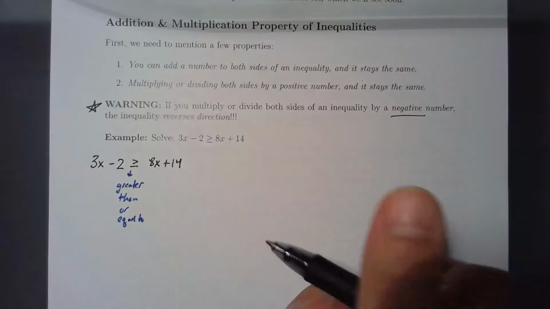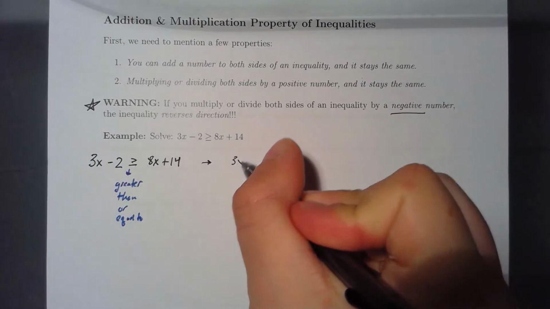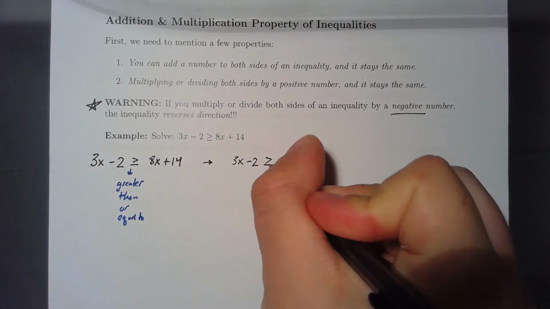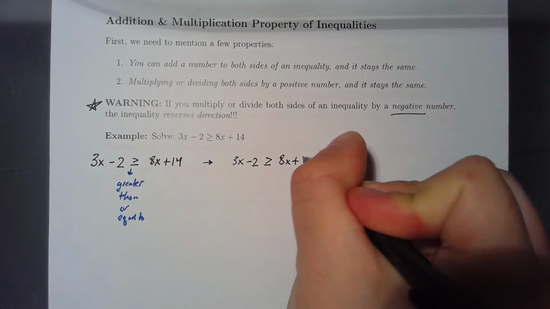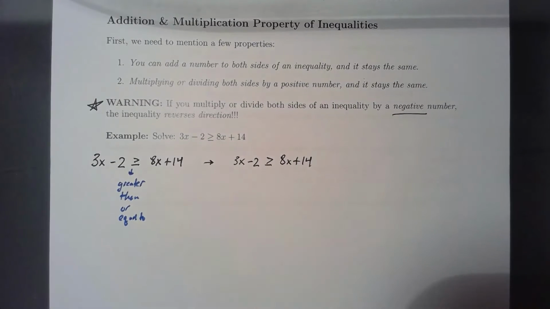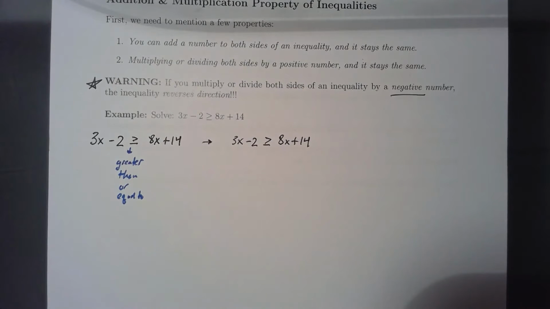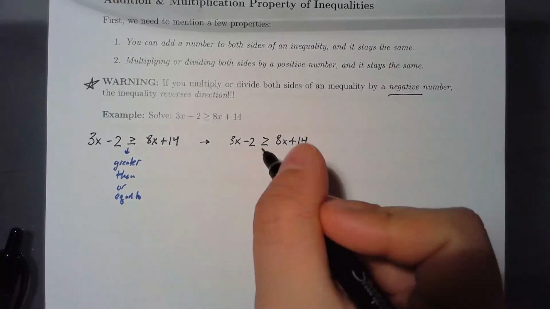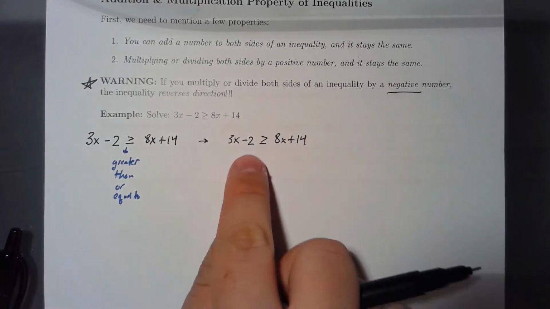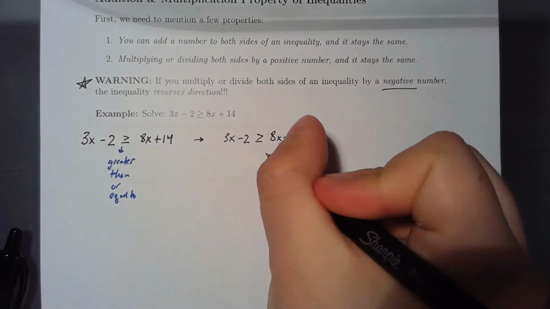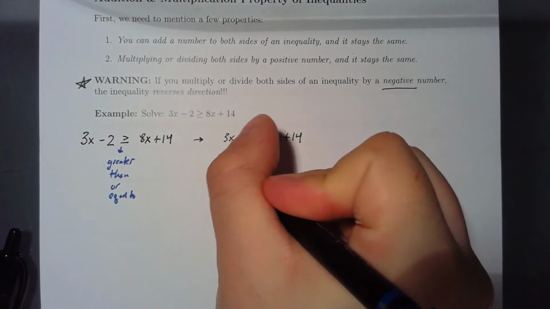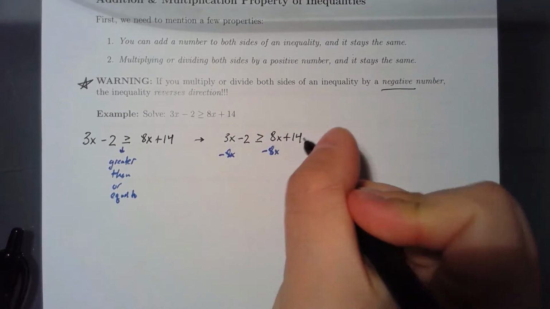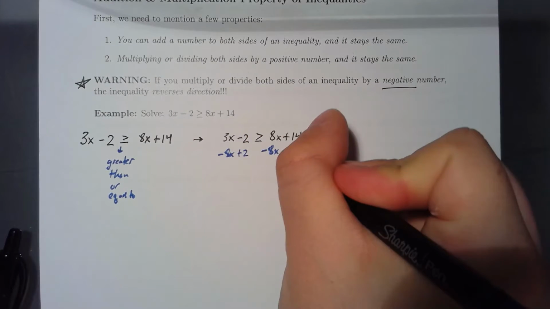To solve this inequality, we just treat it as if this were an equal sign. So you just solve it the same way you would solve an equation. Get the x's to one side and the numbers to the other. So I'm going to put the x's on the left side. So I'm going to subtract 8x from both sides. And I'm going to bring the number over here, so I'm going to add 2 to both sides.